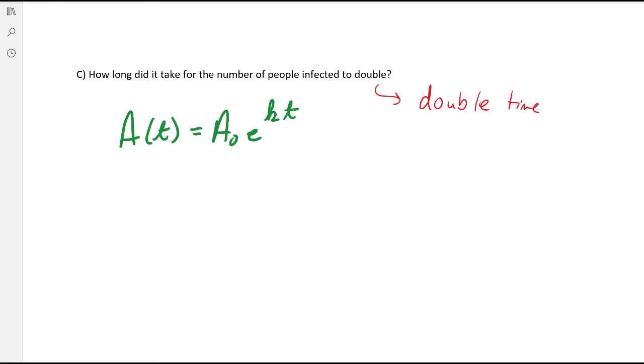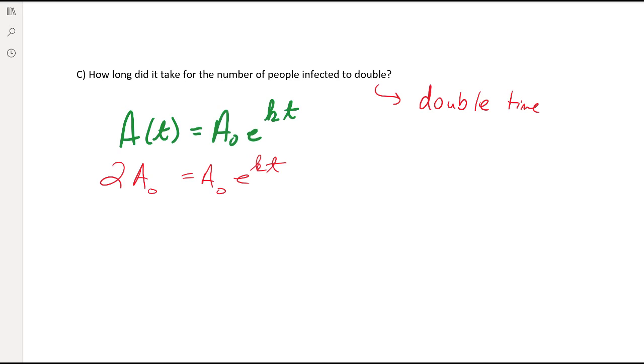We're trying to figure out when this population will double. So I'm going to replace the left side of my equation with 2 times the initial amount, A0, and set that equal to A0 e to the kt. So that's what it means to double your initial amount, right? You're 2 times what you started off with.